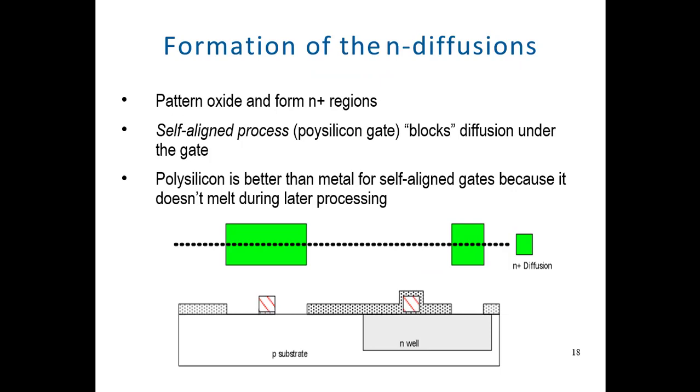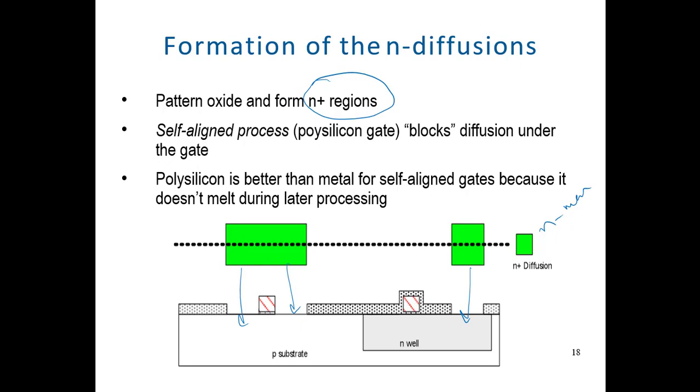The next one is the formation of N diffusion. So now you are applying the pattern to form the N plus regions, mainly in the NMOS. So when you apply the N plus diffusion mask, here and here you will have the development, and also here.